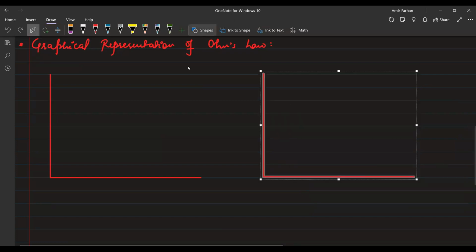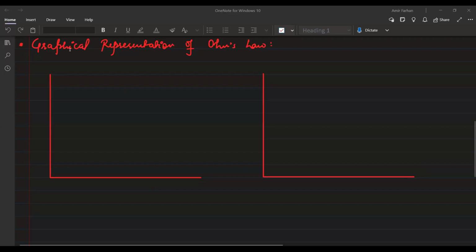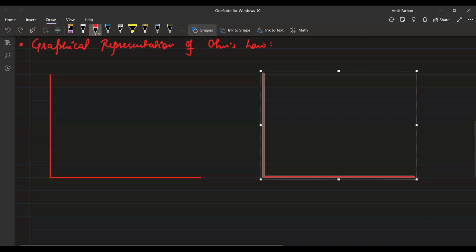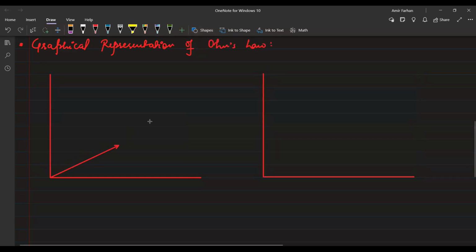Okay, so let me take this. Let's suppose on the y-axis I'm taking... Just a second, let me share my screen again. So here it is.